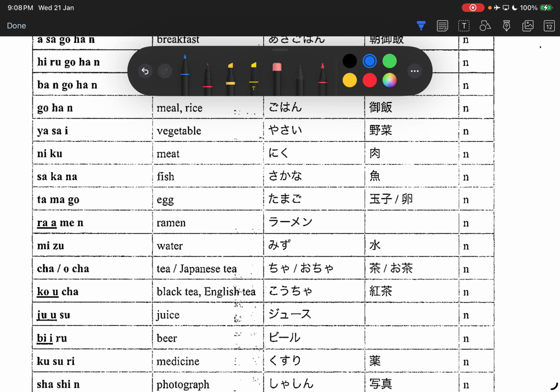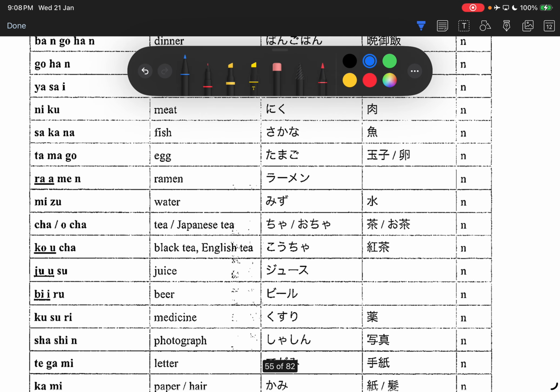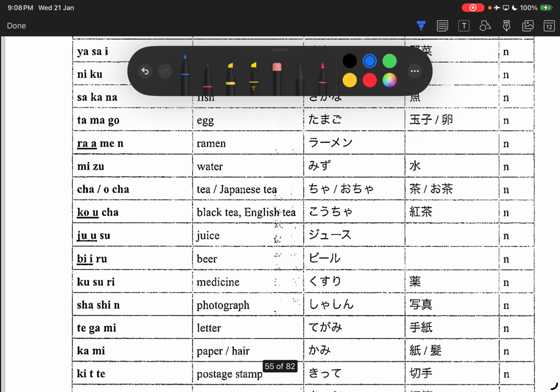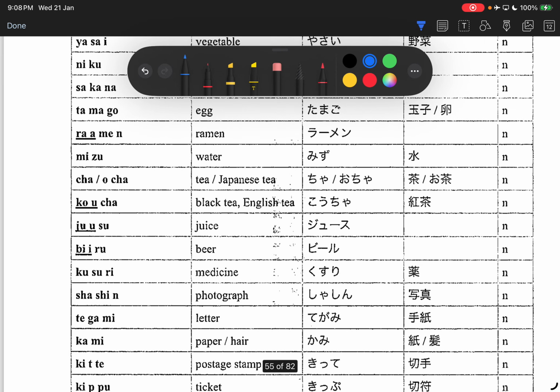Next, mizu. Cha. Ocha. Usually we use ocha rather than cha alone. Just use ocha. Next, kocha. Juice. Biru.